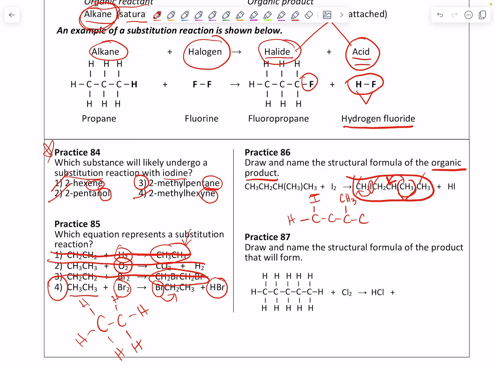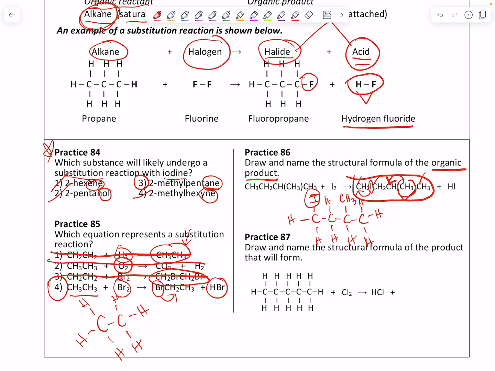So I need a couple hydrogens here. I need a couple hydrogens here. I need one here. And then this one on the end is going to have 3 hydrogens. So that's what my complete structural formula would look like. And then as far as the name, I can see there's 4 carbons in the chain. So it's going to be butane. It has a halogen here on the first carbon.